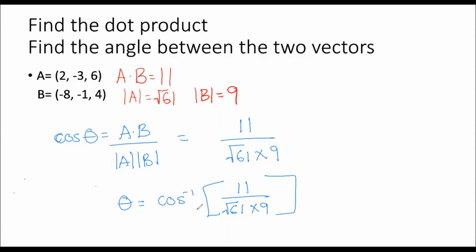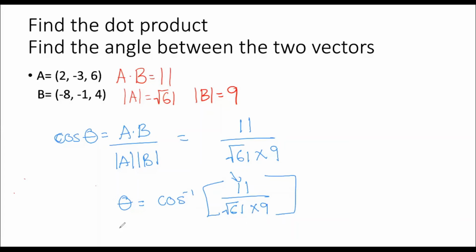You can do this directly on a calculator, or you can decide to find this first and then find the inverse cosine. So let's try both ways. First of all, I'll do it directly on my calculator. So we have the inverse cosine function of 11 over root 61 times 9.